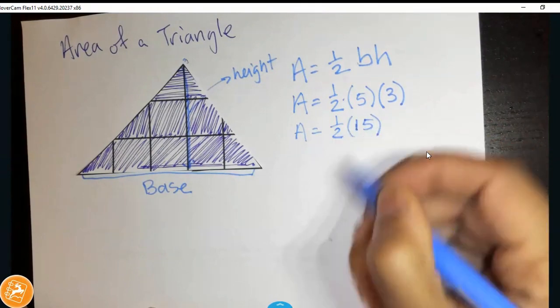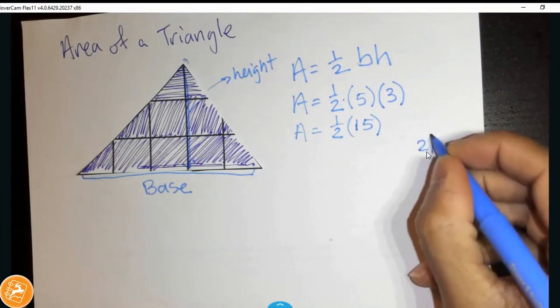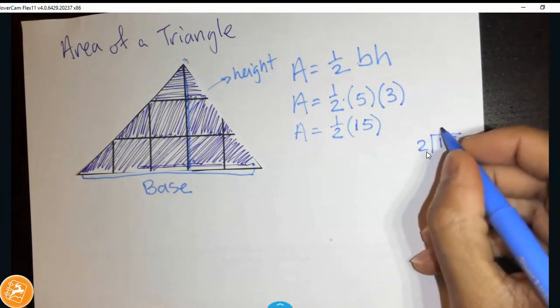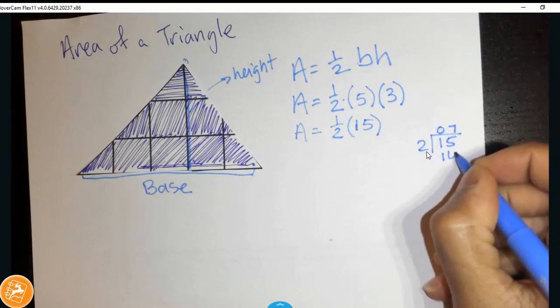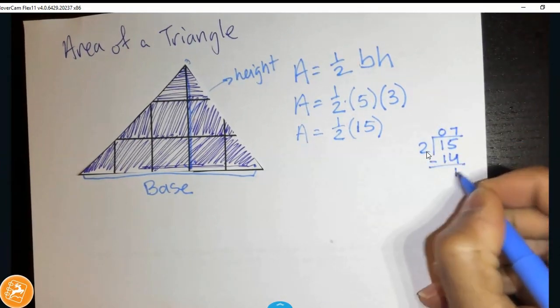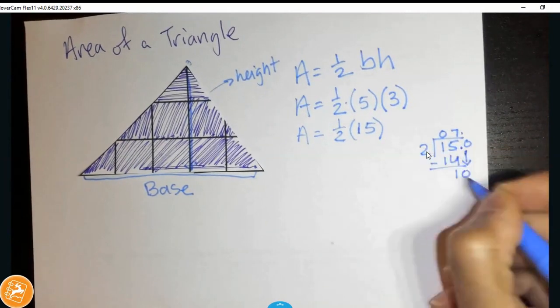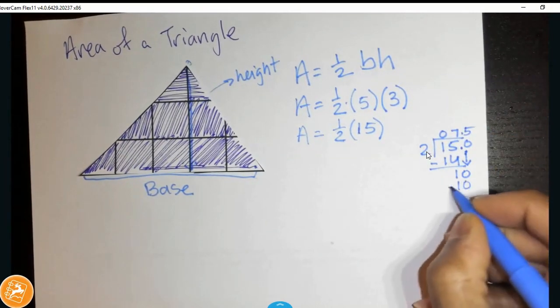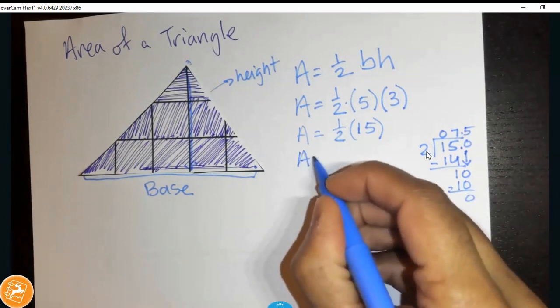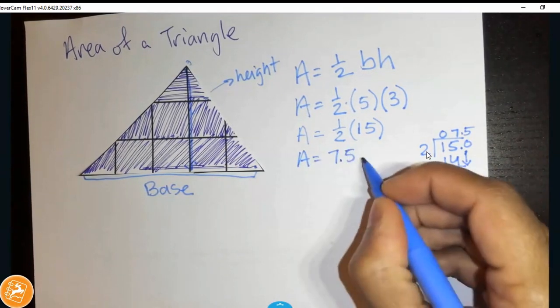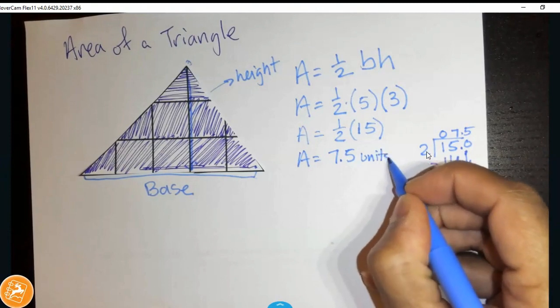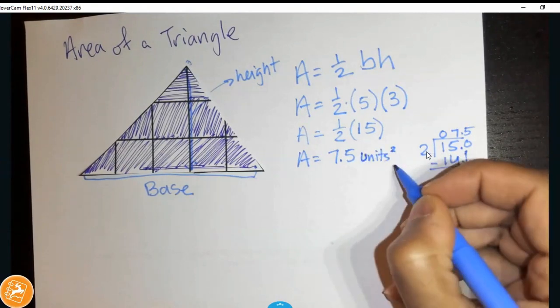Then I need to take half of that. One way to take half of it is to just take 15 and divide it by 2. When I work that out, I get that my area is 7.5 units squared.